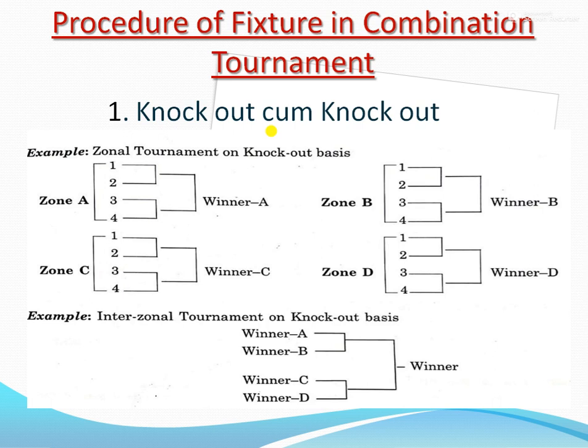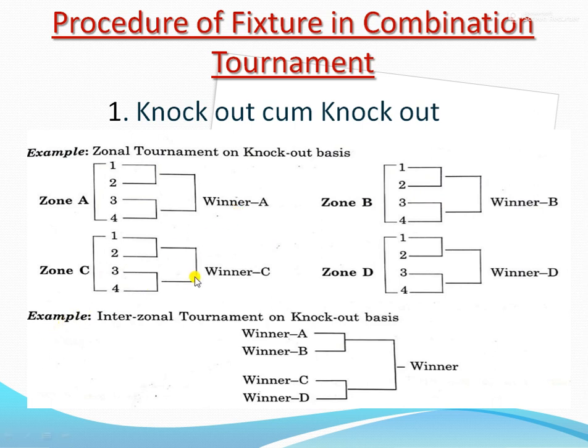Here, in the example of the knockout tournament, we divided teams into 4 zones, zone A, B, C and D. If 4 teams are playing in zone A, they will play the tournament on a knockout basis and get a winner. Same in zone B, zone C and zone D. Then we will have a winner of each zone.